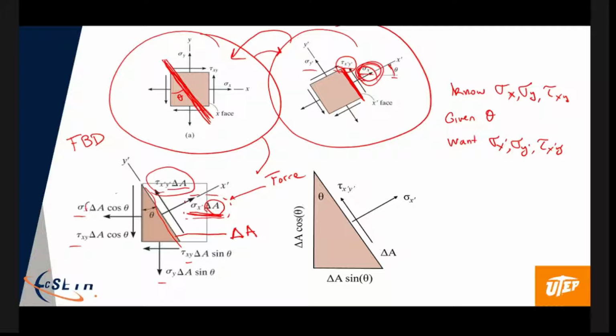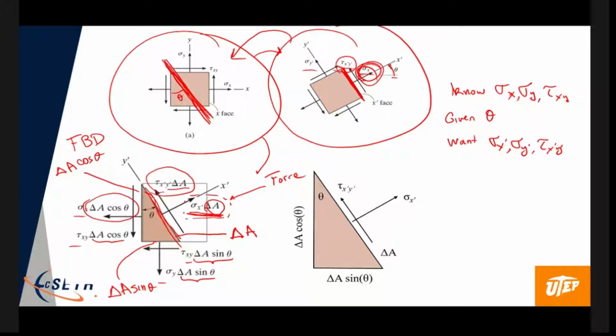This cosine comes into play because if this area here is delta A, the area on this face is delta A cosine theta. Likewise, the area of this face would be delta A sine theta. I apologize for writing all over this, but what I'm doing here is taking the stress component and multiplying it by the area it acts on.